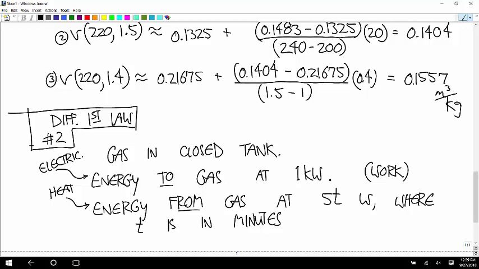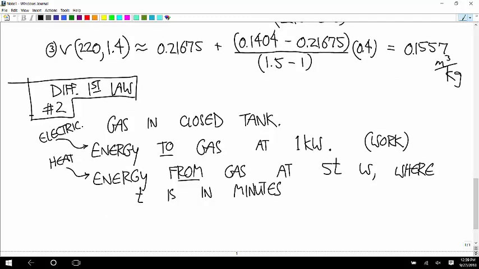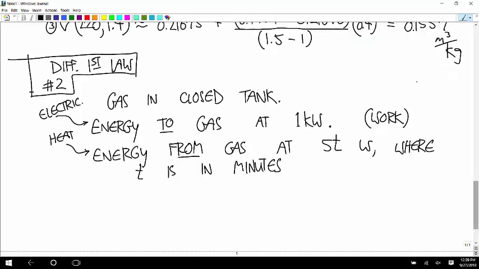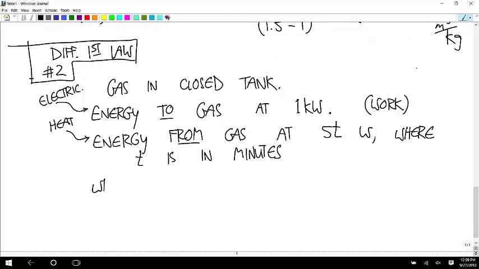What's the change in energy of the gas as a function of time? And then we want to plot it versus time.